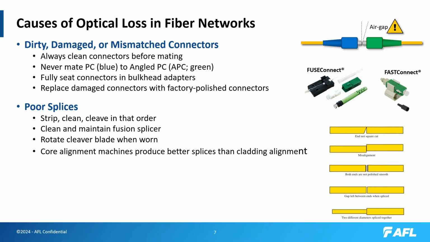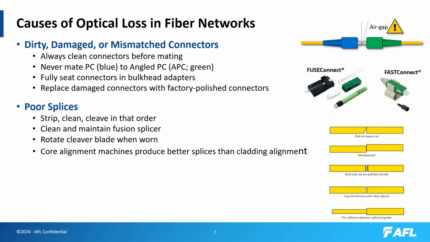Poor splices are another source of optical loss in the network. So when you are splicing, make sure you strip, clean, and cleave in that order. So your cleaving should be the last step. Clean and maintain your fusion splicer. Make sure you rotate your cleaver blades when they're worn, because a worn cleaver blade will produce poor cleaves that will then not splice well.